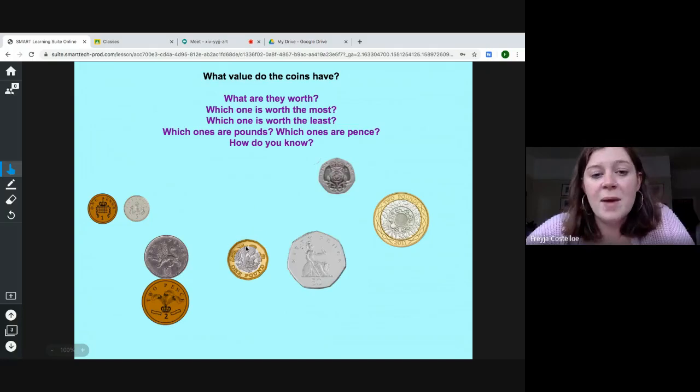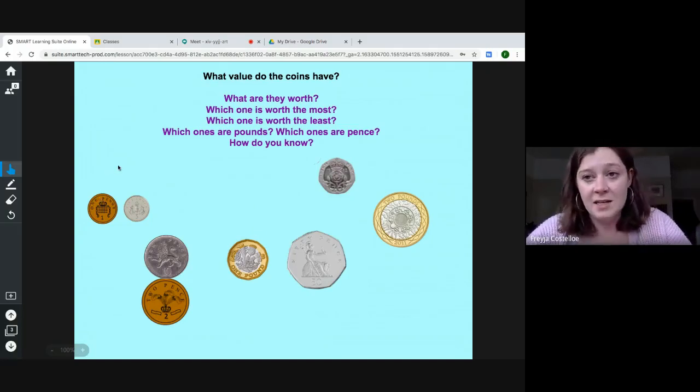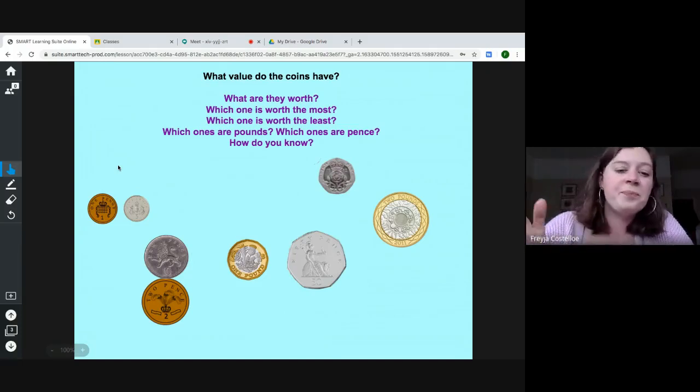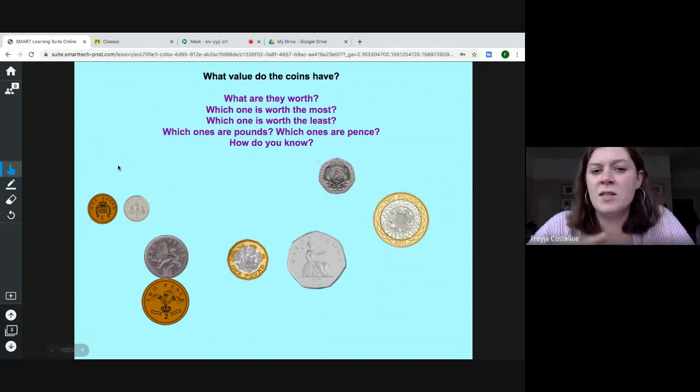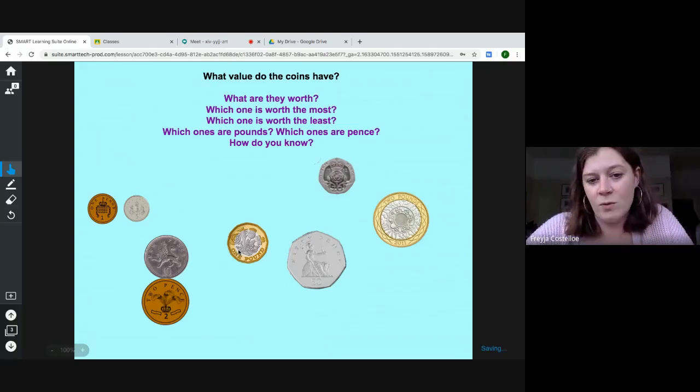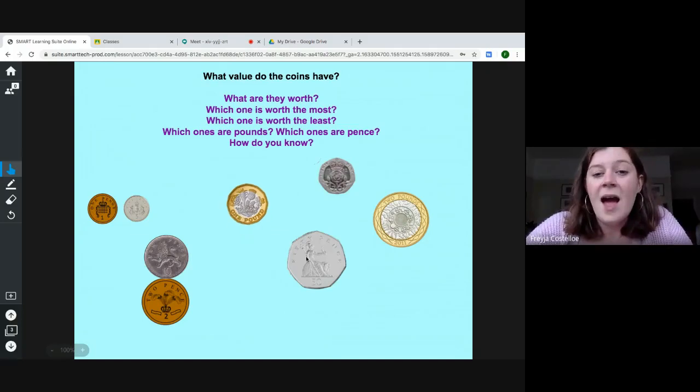Okay, but we had to make a pound because you can't go to the shops with 100 pennies because it would be quite heavy to carry. You might drop some. It would take a long time for the person at the checkout to count all of your pennies. So instead, we have a £1. Okay, but this means it's worth 100 pennies. Okay, and that is why it's £1.